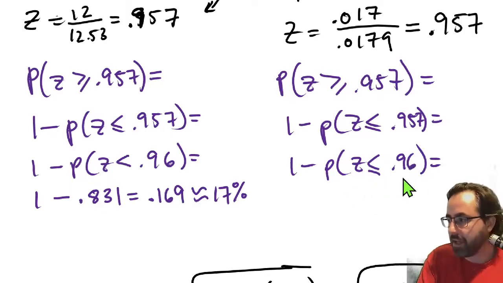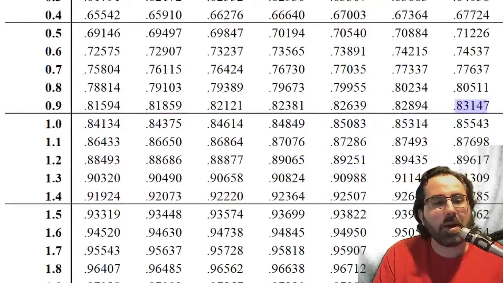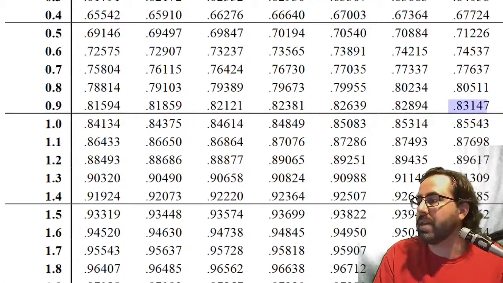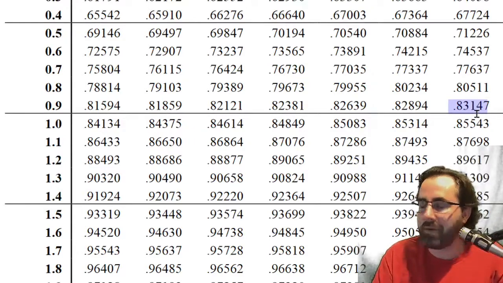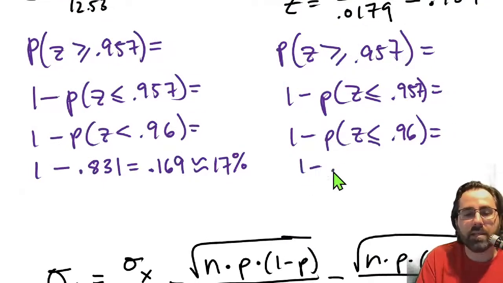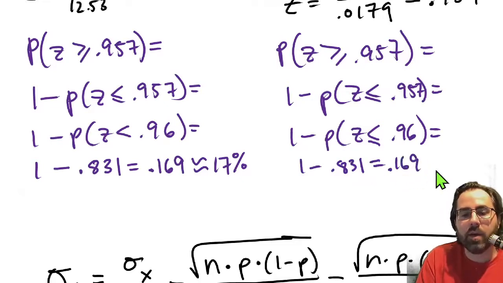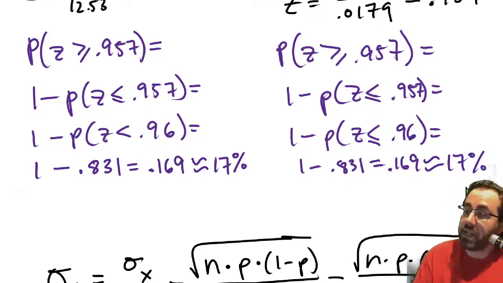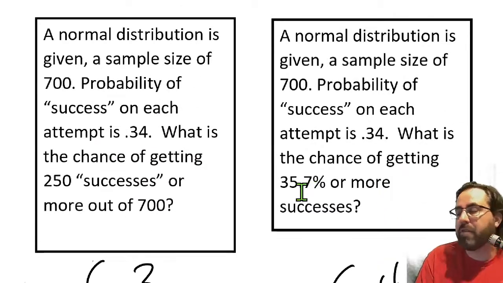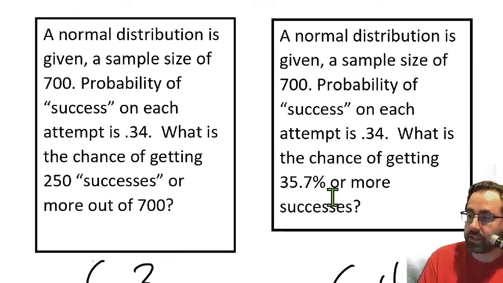Well, let's go right back here. 0.91, 0.92, 0.93, 0.94, 0.95, 0.96. Right there, 0.8314. So 1 minus 0.831 is about 0.169, which is approximately a 17% chance. So there's a 17% chance of getting 35.7% or more successes in this scenario.